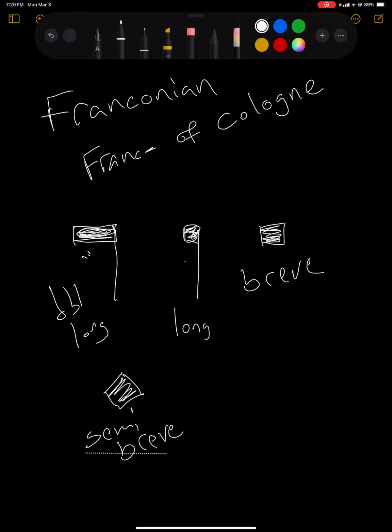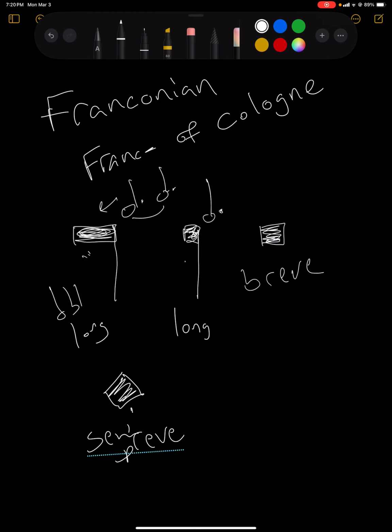Again, the brev and the semibrev, these were all familiar symbols from before. So was the long. And in transcription, the double long was usually transcribed like two dotted half notes tied together. The long was transcribed as just a dotted half note.